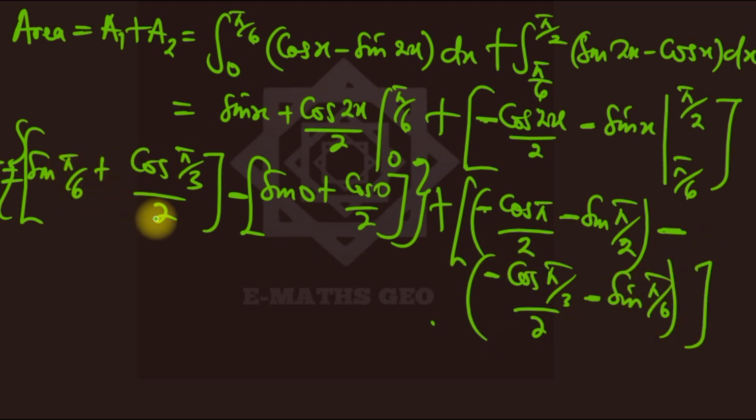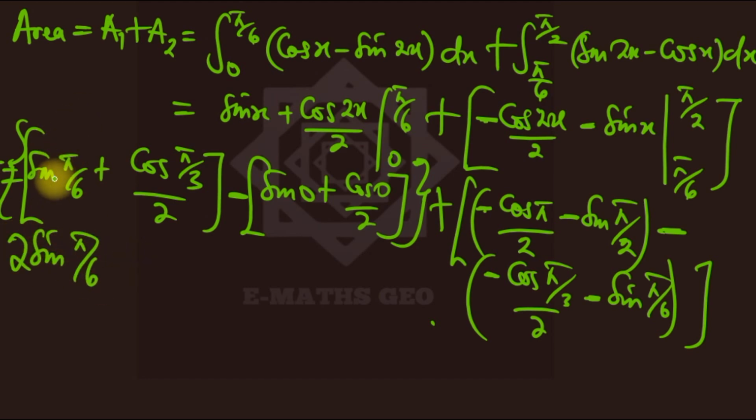So we add, as you can see, this sine pi over 6 plus, minus times minus is plus, so we have 2 sine pi over 6.